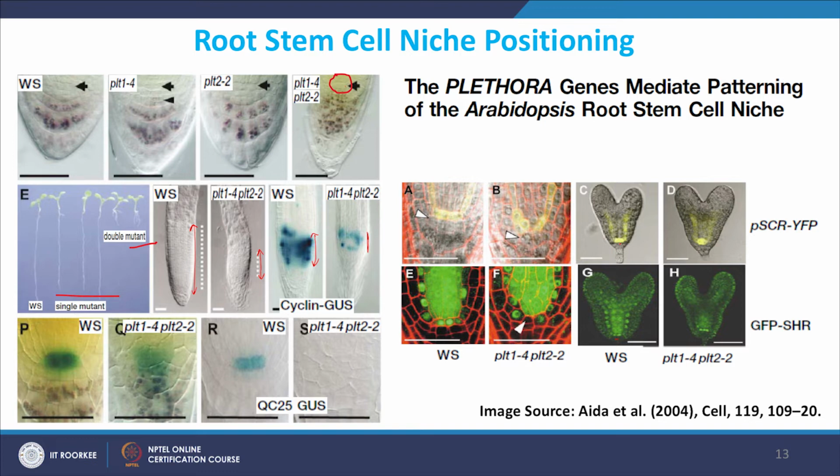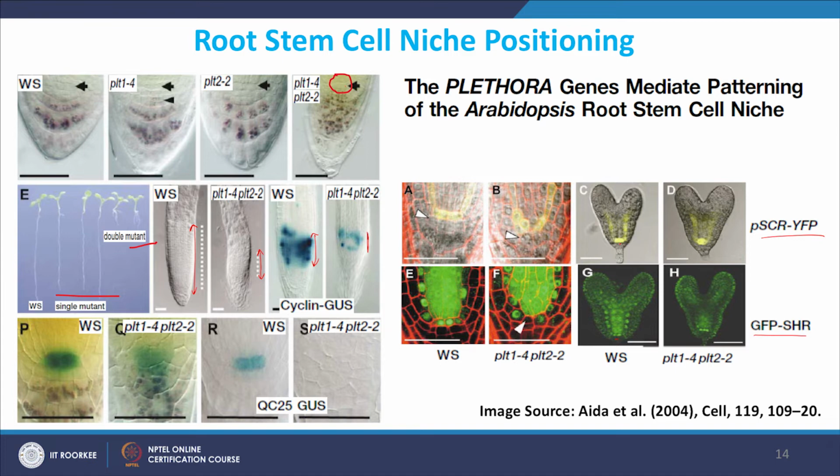But then the question is that we know that there is already the scarecrow and short root pathway regulating positioning of the root stem cells. Now, we are saying that plethoras are also regulating. Are they working through the same pathway, or are they working independently? So, to check that, if you look at these mutants, basically this is the double mutant, and if you look at the expression pattern of scarecrow protein and short root protein, what you find is that the expression looks quite normal.